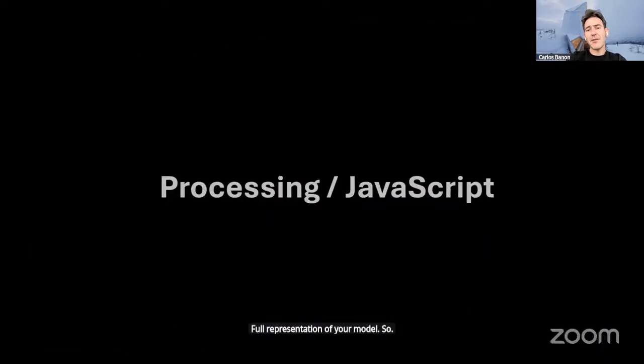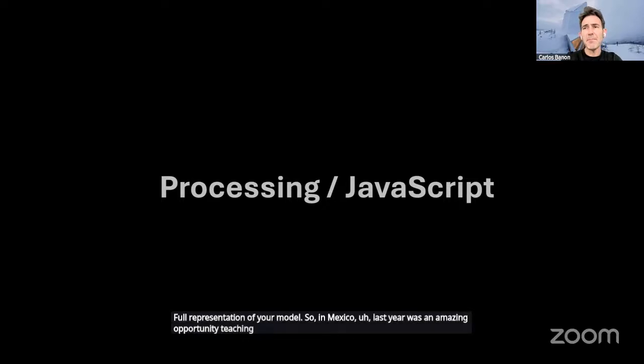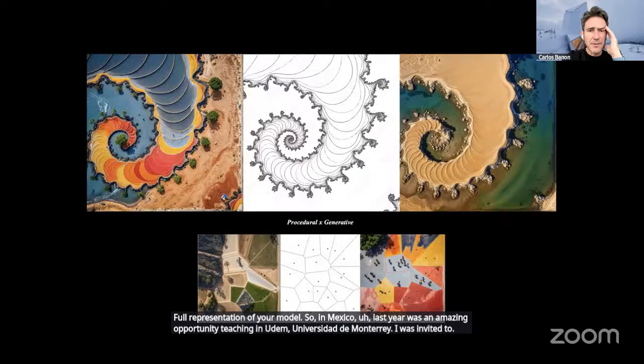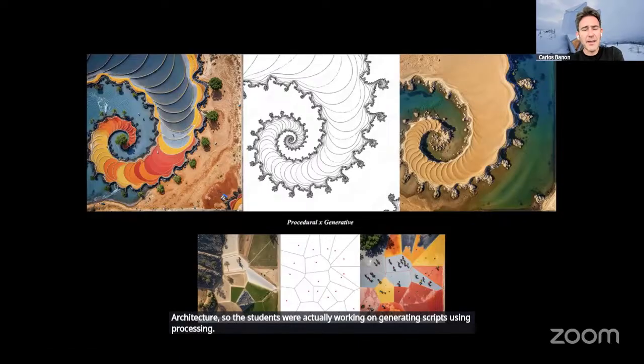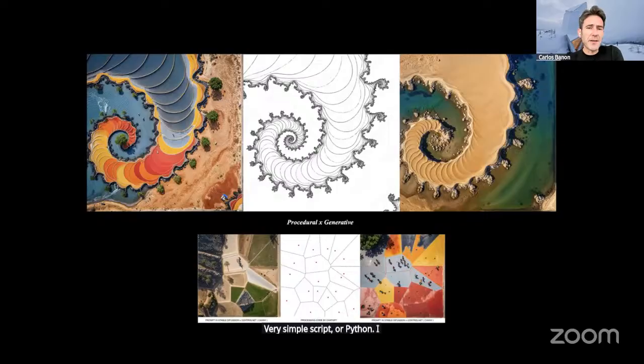So in Mexico, last year was an amazing opportunity teaching at UDEM, Universidad de Monterrey. I was invited to teach some AI ideas, and one of them was to work on land art architecture. The students were generating scripts using Processing, very simple scripts, or Python. I suggested Processing, though some people are more familiar with Python.